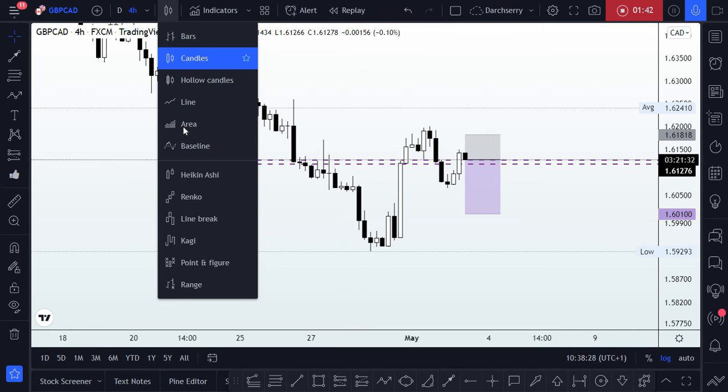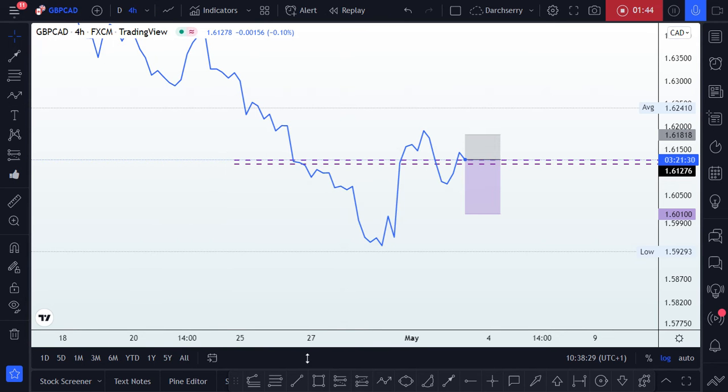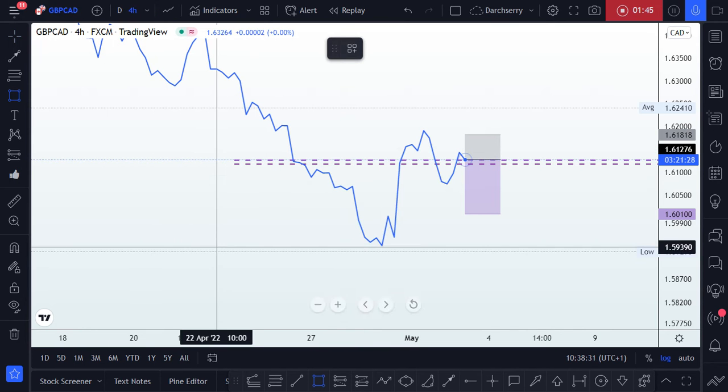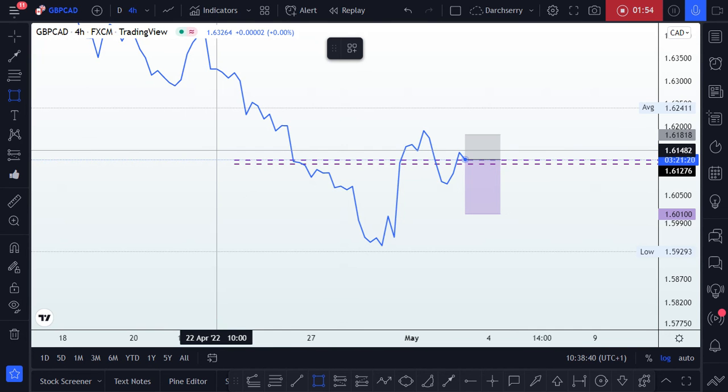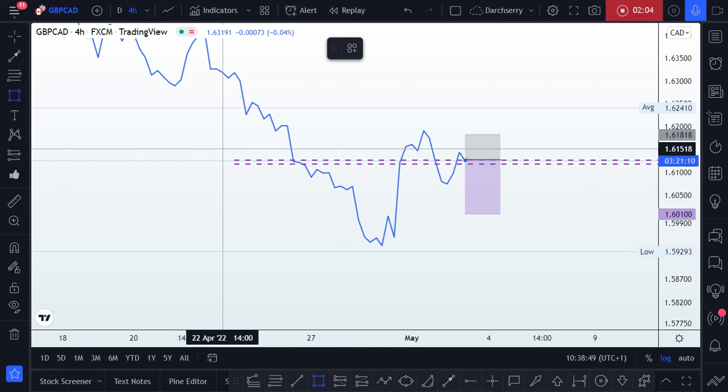So if I pull out my line chart at this point and we try to find a key level around this area, if we look at it closely, we really don't see one here but one around here. So that's around 1.61470 thereabouts, 1.615 I guess, and that's also a very solid psychological zone.